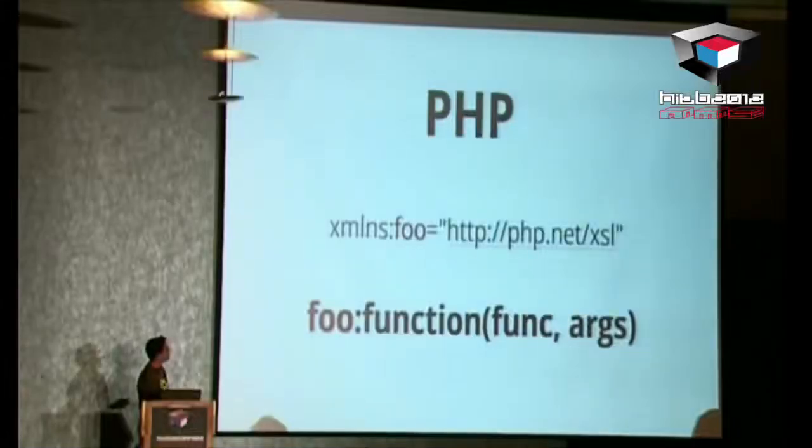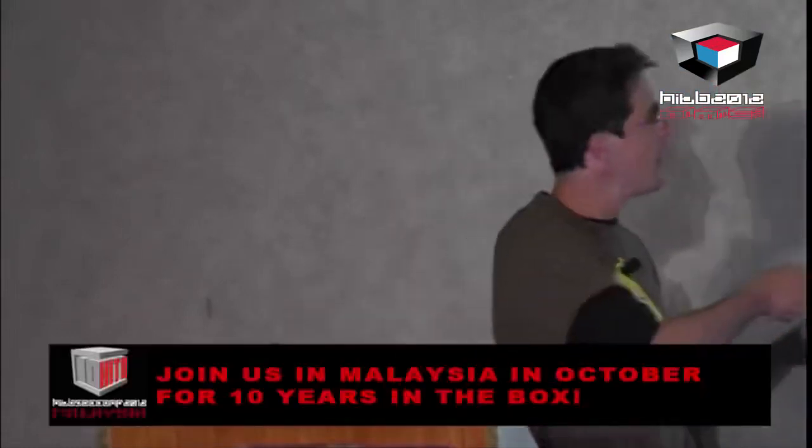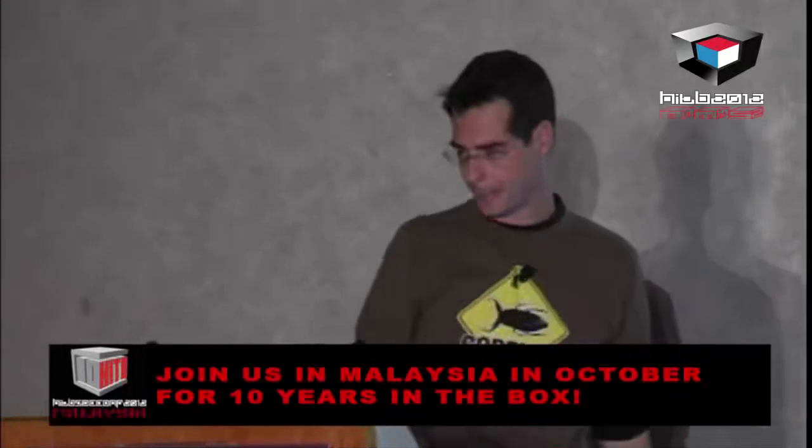So in PHP, it's very simple. We will use this namespace that I showed at the beginning. We will associate it to the foo keyword. And then in your XSLT document, you need to call foo:function and then the PHP function and its arguments. So for example, calling phpinfo, it's just foo:function phpinfo.